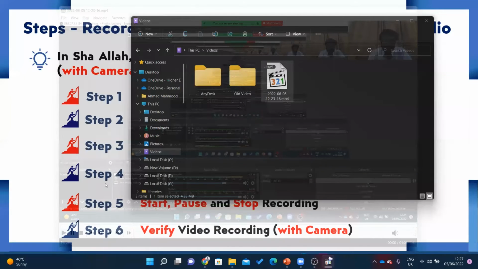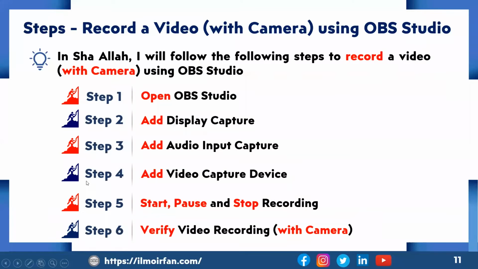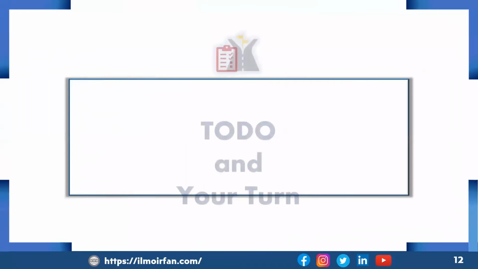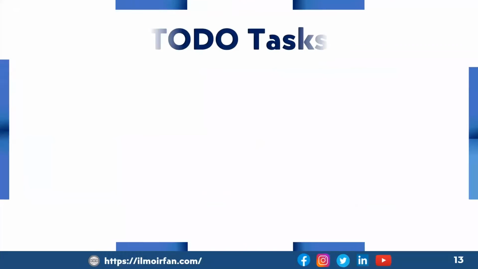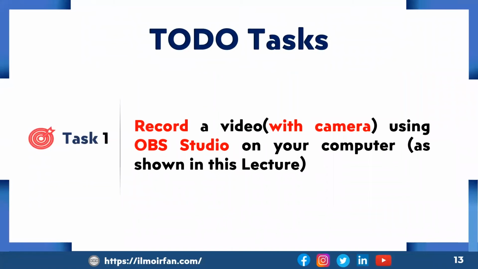To summarize, in this part of lecture, I presented a simple 6-step process to record a high-quality video with camera using OBS Studio. To do and your turn. The to-do task for this part of lecture is record a video with camera using OBS Studio on your computer as shown in this lecture.